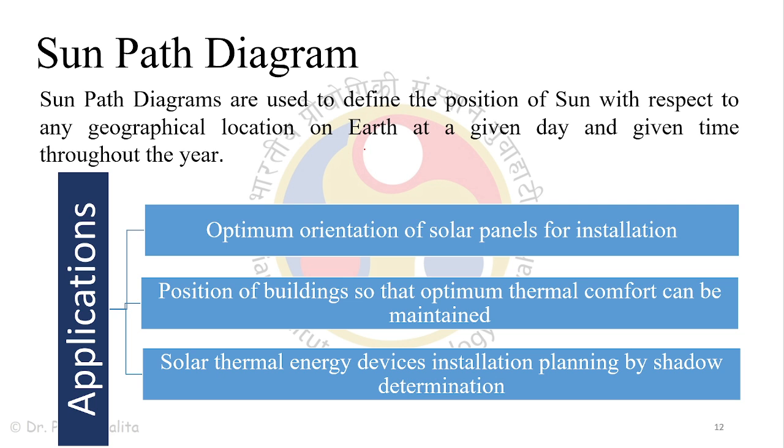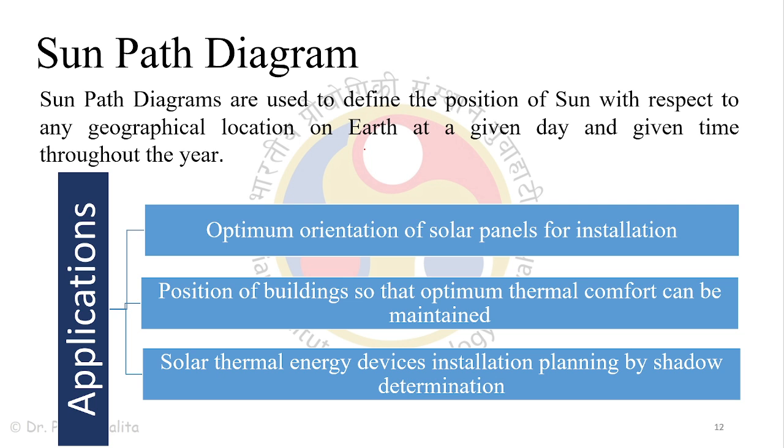If you are going to install a solar panel, what should be the optimum orientation of this solar panel? The sun path diagram is used for that. Or if you are going to install any solar thermal energy devices, you want to see whether they will be shadowed depending on the position of the sun in the sky.